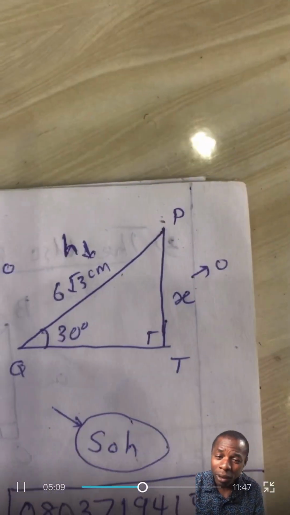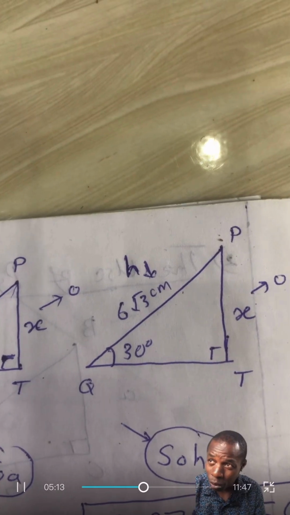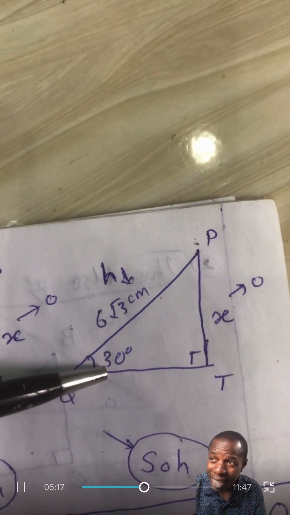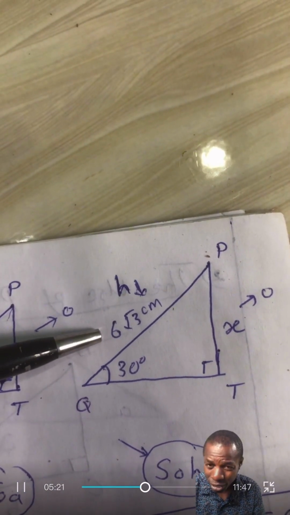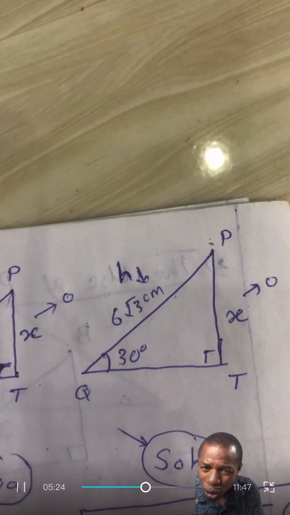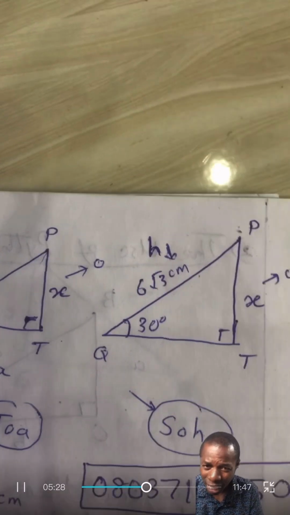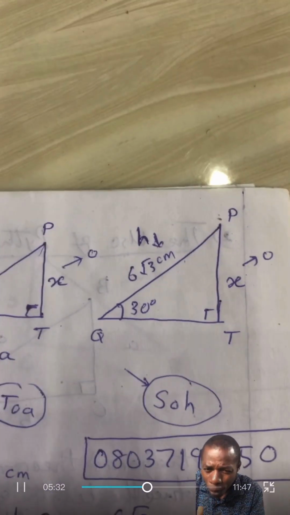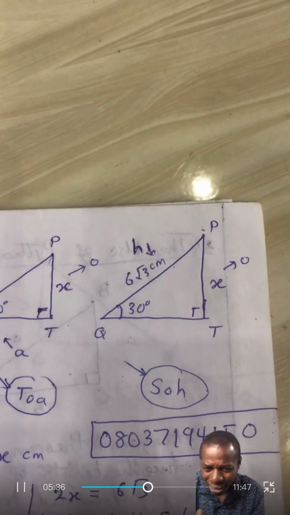Now the second right angle triangle has two known values, which are 30 degrees and 6√3 centimeters. Now because it has two known values, it is much easier to start with that right angle triangle. So let us start with it. And don't forget that if you are going to solve a problem under right angle triangle, you first name the sides.